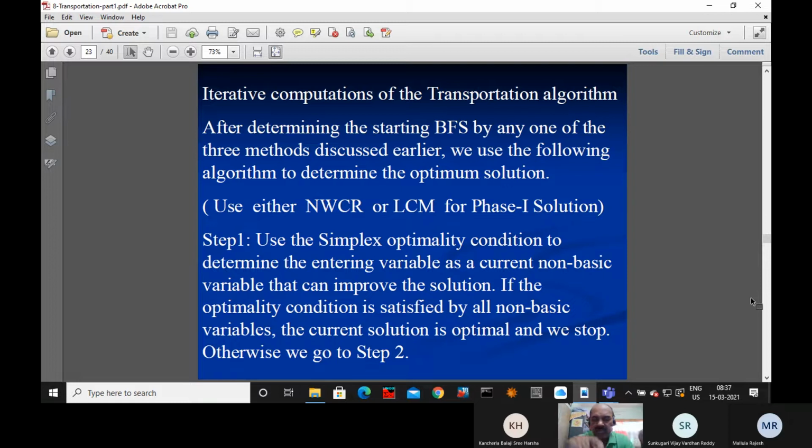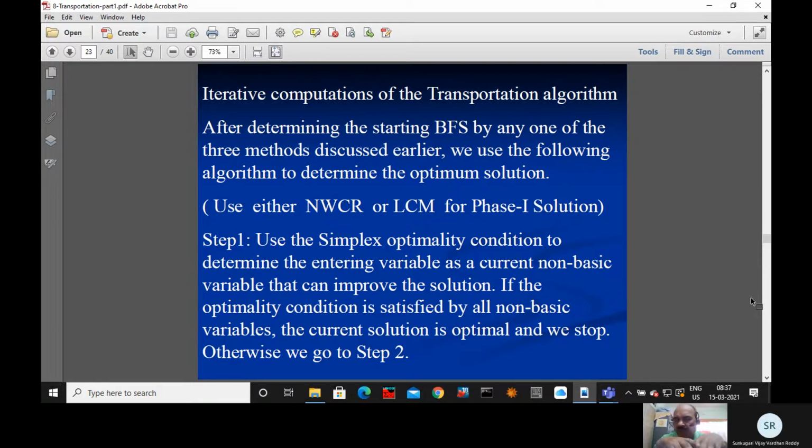Since this is a minimization type problem, Zj minus Cj must be less than or equal to 0 instead of greater than or equal to 0. This is the thing we'll check. Here there is no direct checking, so we have to use the dual variables to check this condition.